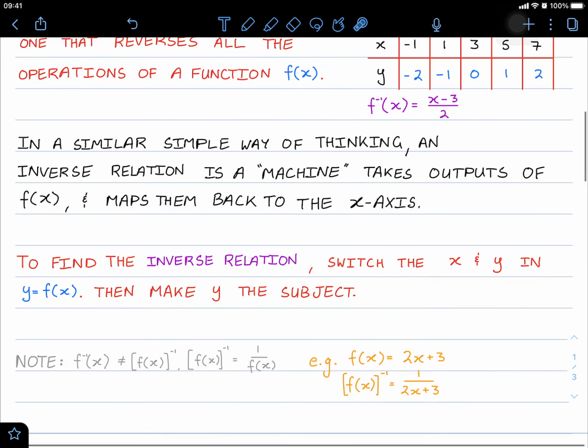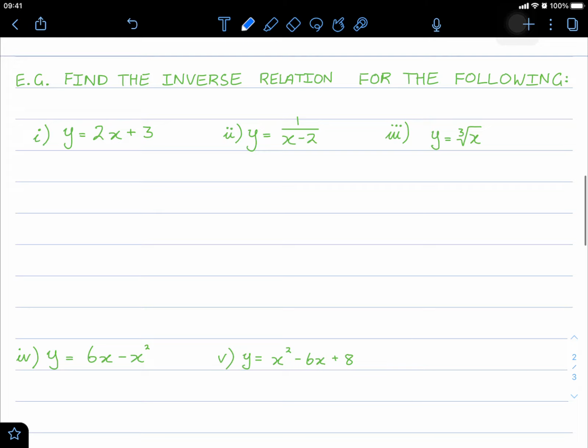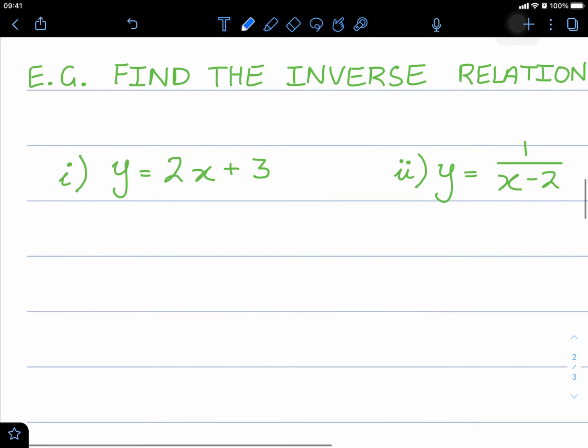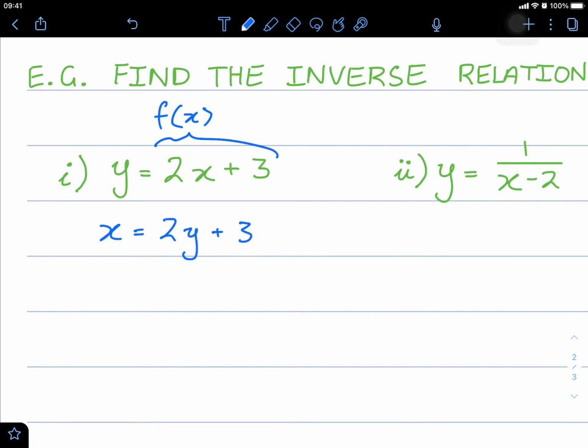So I'll demonstrate this idea, where we switch x and y, and then make y the subject to find the inverse relation. I'll demonstrate this one first. So this f of x is 2x plus 3. To find f inverse of x, we switch x and y first. So we write this as x is equal to 2y plus 3.